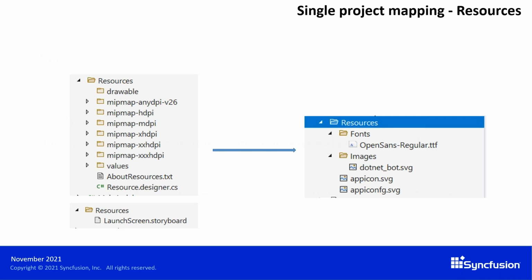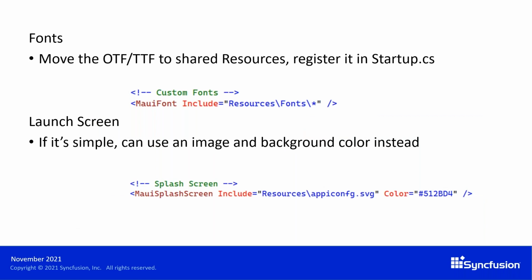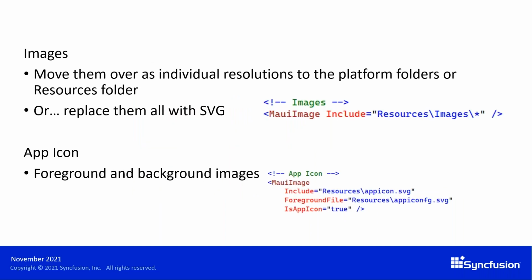The same goes for the fonts and the launch screen, so the very first image of the application. I also prefer using SVGs in order to let the device actually render it best on the screen. You can move everything and replace them with SVGs, or work with the app icon.